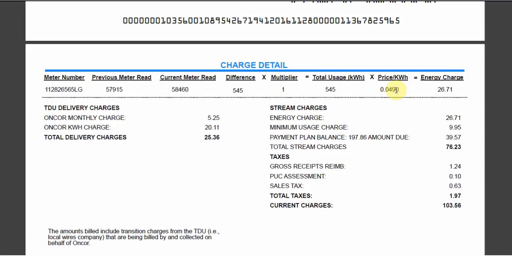Only Stream is charging that. Stream is not charging anything else. All of these other fees, the TDU charges and taxes, Stream is collecting on behalf of Encore, and of course on behalf of the state taxes that are in place, okay?